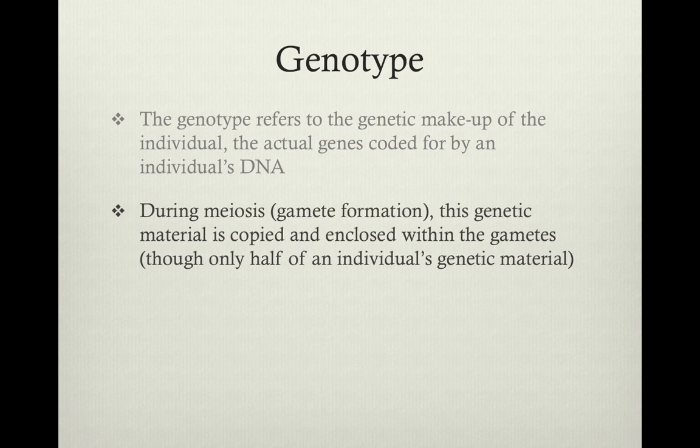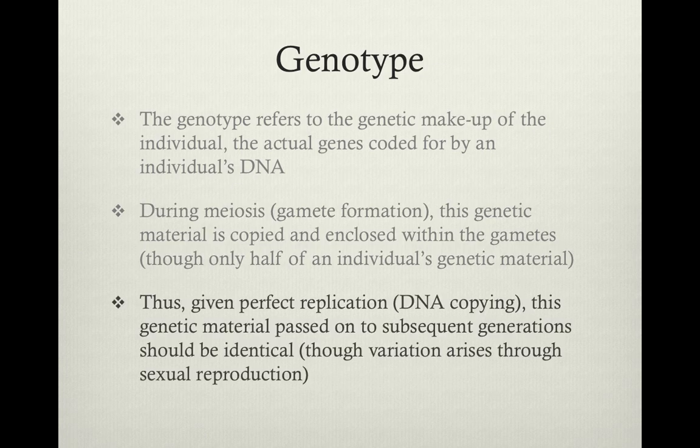During meiosis or gamete formation, this genetic material is copied and enclosed within the gametes, though of course it's only half of the parent's genetic information. So given perfect replication, perfect DNA copying, this genetic material is passed on to subsequent generations identically. There shouldn't be changes.